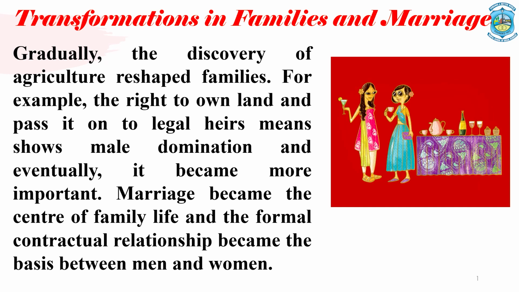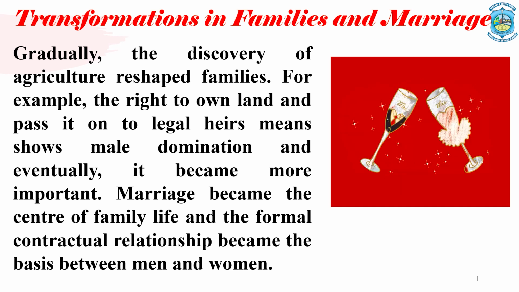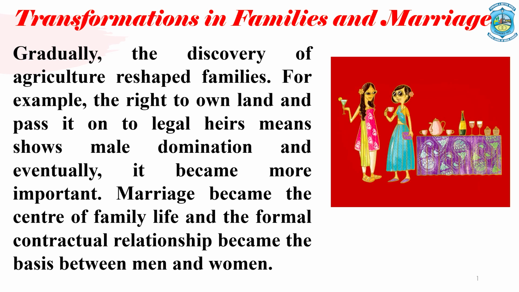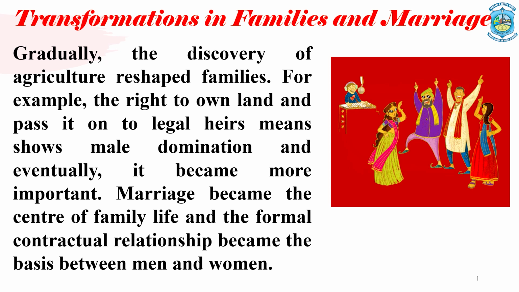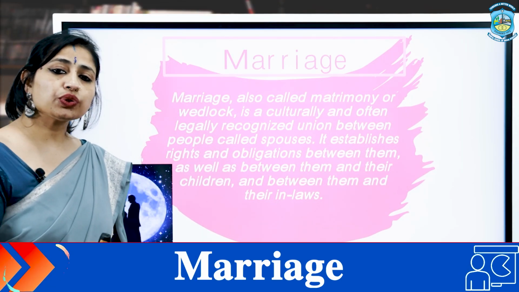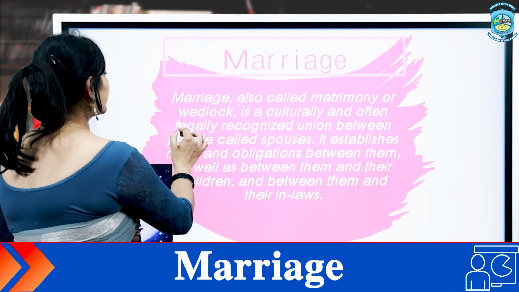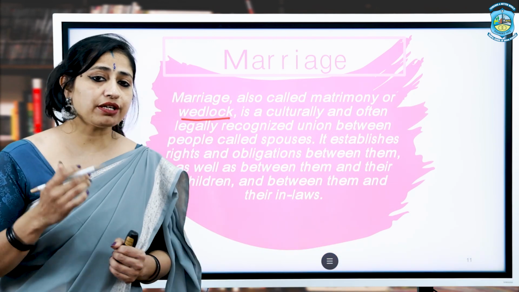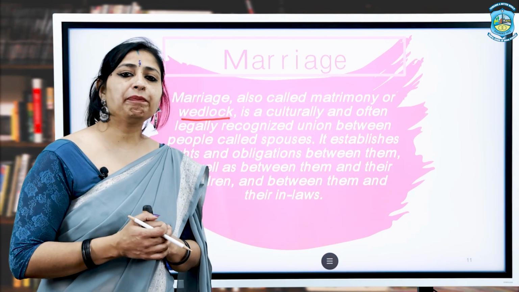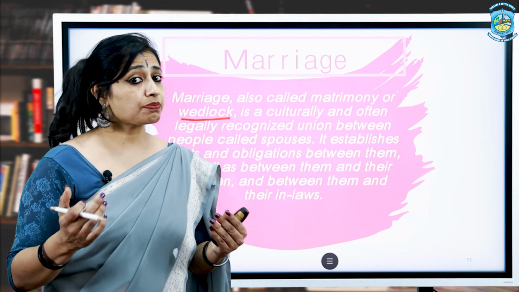So hereafter, marriage became the center of family life and the formal, legal, contractual relationship became the basis of the relationship between men and women. So the term marriage is also known as matrimony, as I uttered earlier, or you can even call it wedlock, a culturally and often legally recognized union between people called spouses.